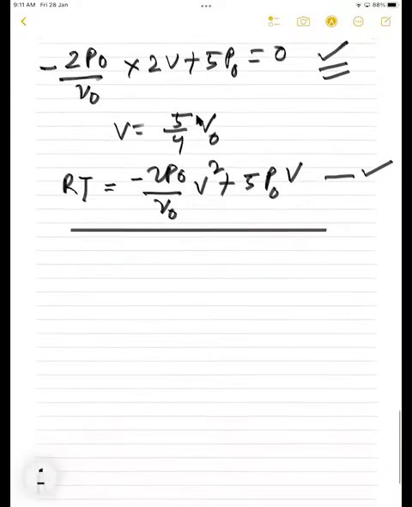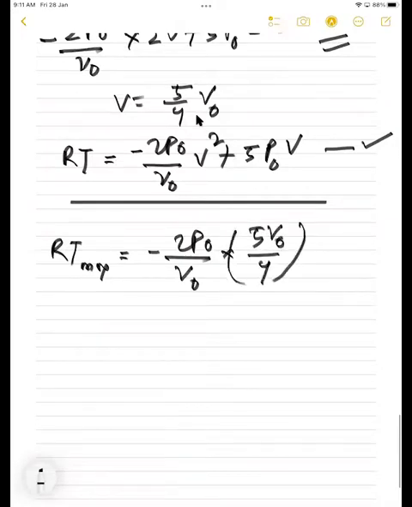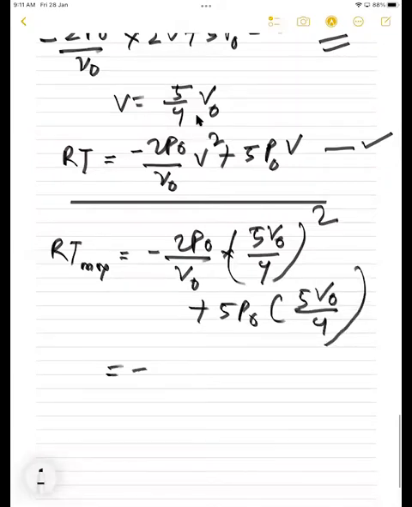Compare both the equations, you will get RT maximum is equal to minus 2 P naught by V naught into (5 V naught by 4) square plus 5 P naught into 5 V naught by 4. That is equal to minus 2 P naught V naught into 25 by 16.